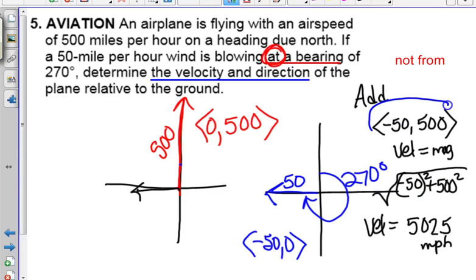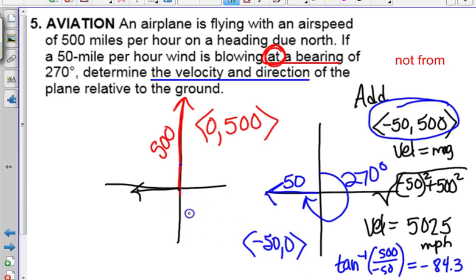Okay, this is the resultant vector right up here. If we do inverse tangent, 500 over negative 50, what do we get? Negative 84.3. Okay. Is it really going down here?